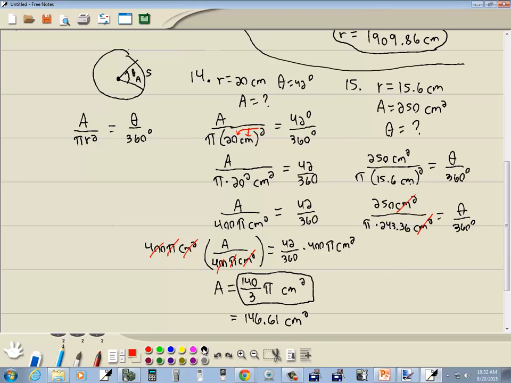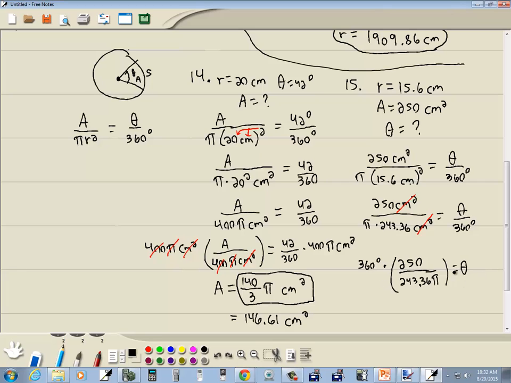I'm trying to get theta by itself, so I'm going to multiply both sides by 360. Since I'm kind of running out of room, I won't show that, but we're multiplying both sides by 360. So I've got 250 here over 243.36 pi equals theta.